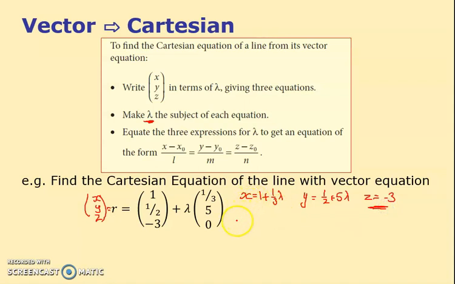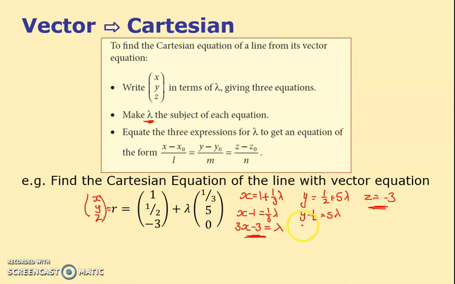Now what we're looking for is to rearrange these and get lambda equals. The first thing I'm going to do is move the 1 over. That gives me x minus 1 equals a third lambda. Then, timesing everything by 3, I get 3x minus 3 equals lambda. That is actually done. For this one, I do y minus a half equals 5 lambda, and then I divide by 5.